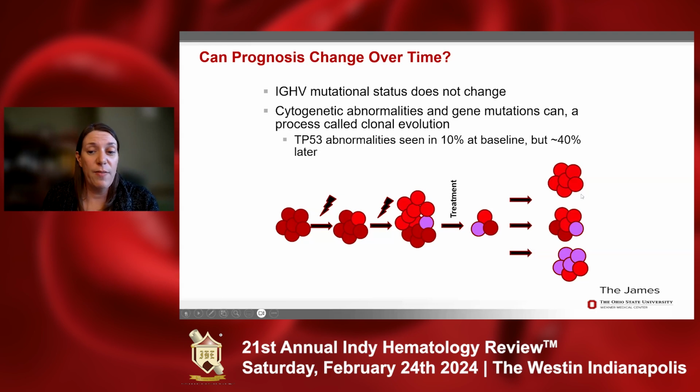You can have all three of those different types of groups expand, and maybe some grow faster than others, so their proportion is different. And then you also could have just one of the clone types disappear. And in this case, it's the original one. And then the other two can grow out. And so you can see there's really varying ways that the CLL can change and adapt to treatments and even just to kind of random genetic mutations.